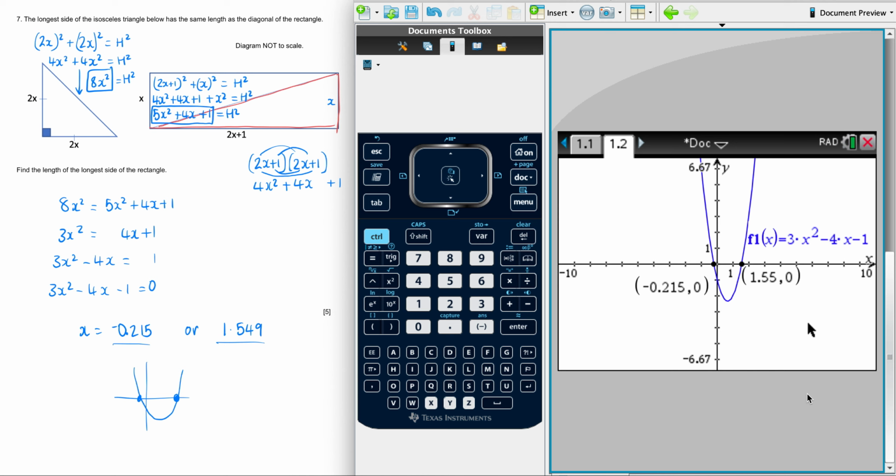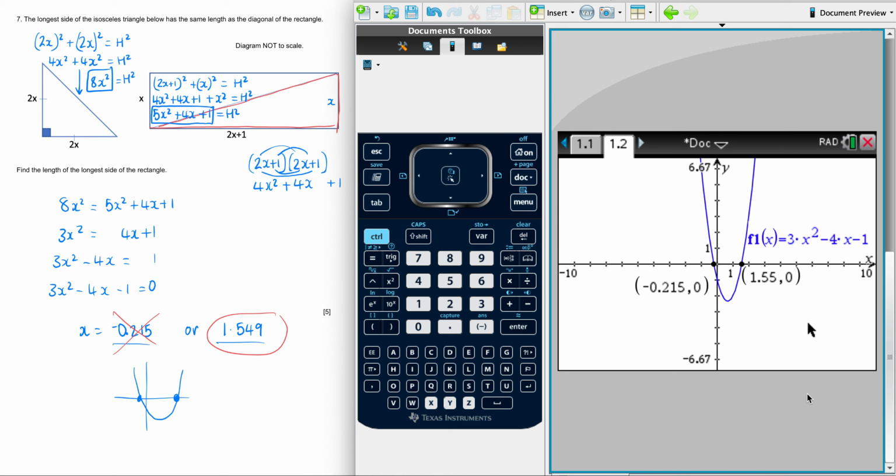We can't have a negative length. So this can't be a value of x. X must be this one here. In actual fact, there's only one of those which is correct, which is 1.549. Part of this question is to realise that there's only one solution that we can take from that quadratic.